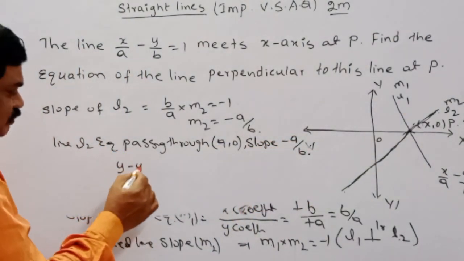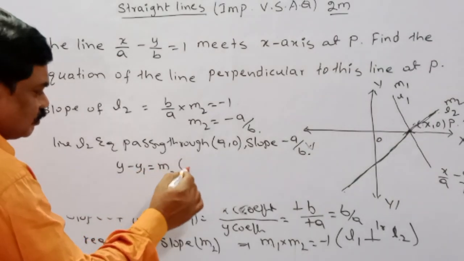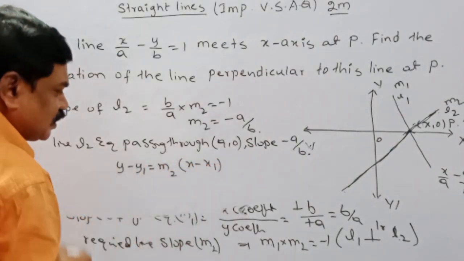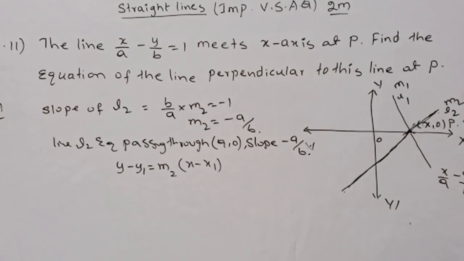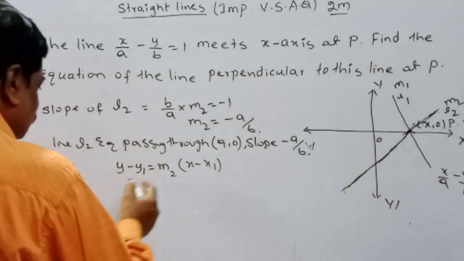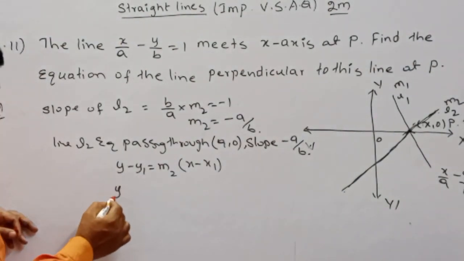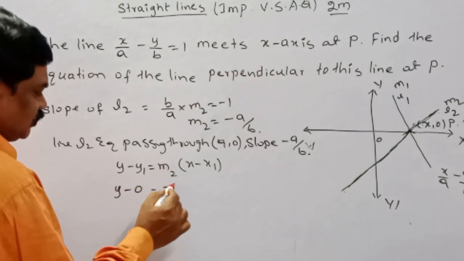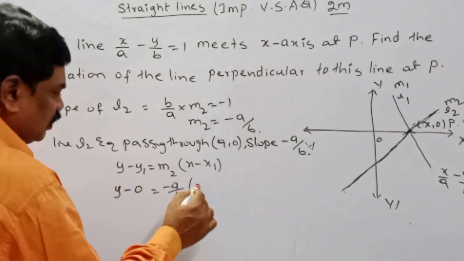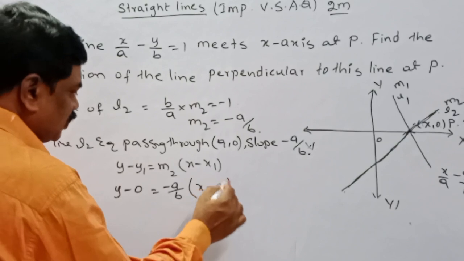Then y minus y1 is equal to M2 into x minus x1. Substituting, y minus 0 is equal to minus a by b into x minus a.